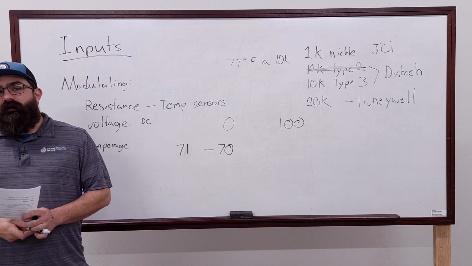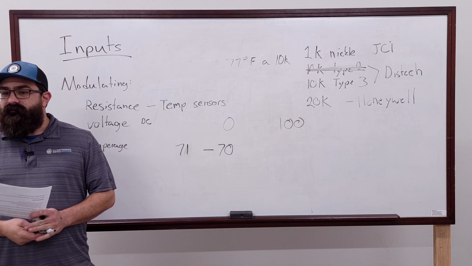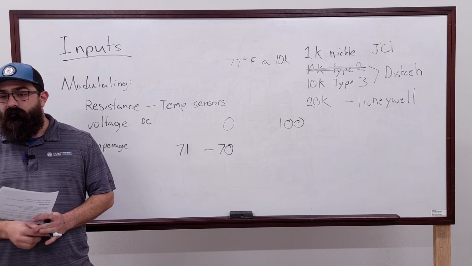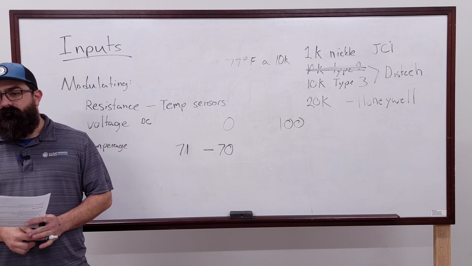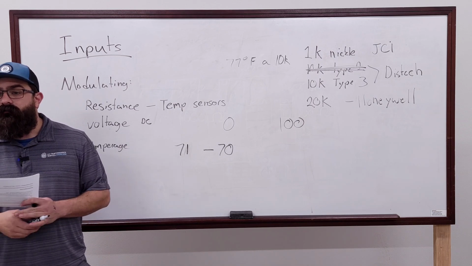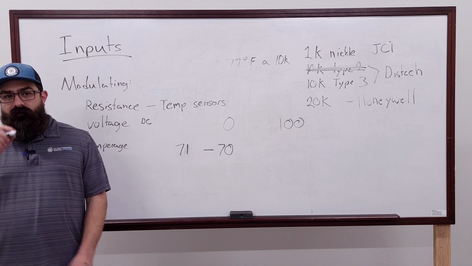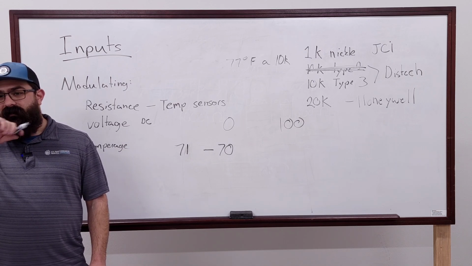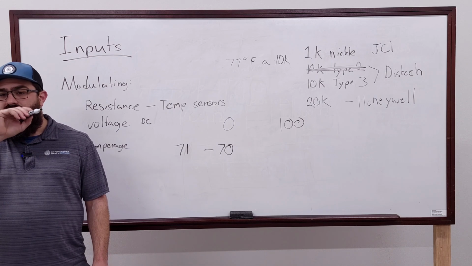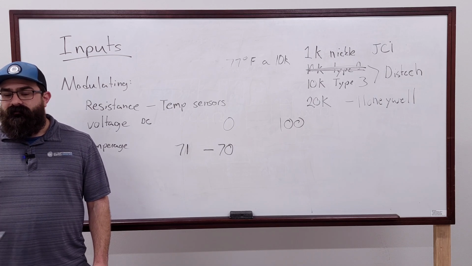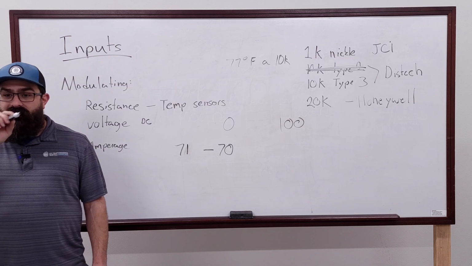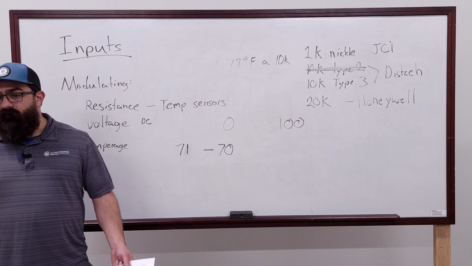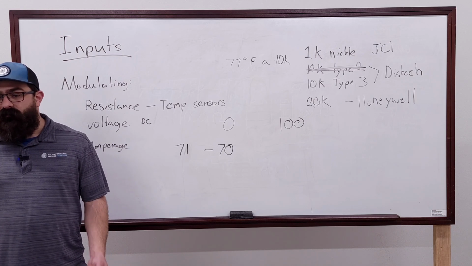Some of them you can calibrate the actual resistance, but most of them don't show us an actual resistance on the input. They show us a faceted value, right? So we don't read the true input on the terminals in the logic. We're reading whatever our calculated value is. So it takes the resistance, the block that I'm looking at already does all the calculation in it and spits me out a degree number, like 72, 73, whatever.